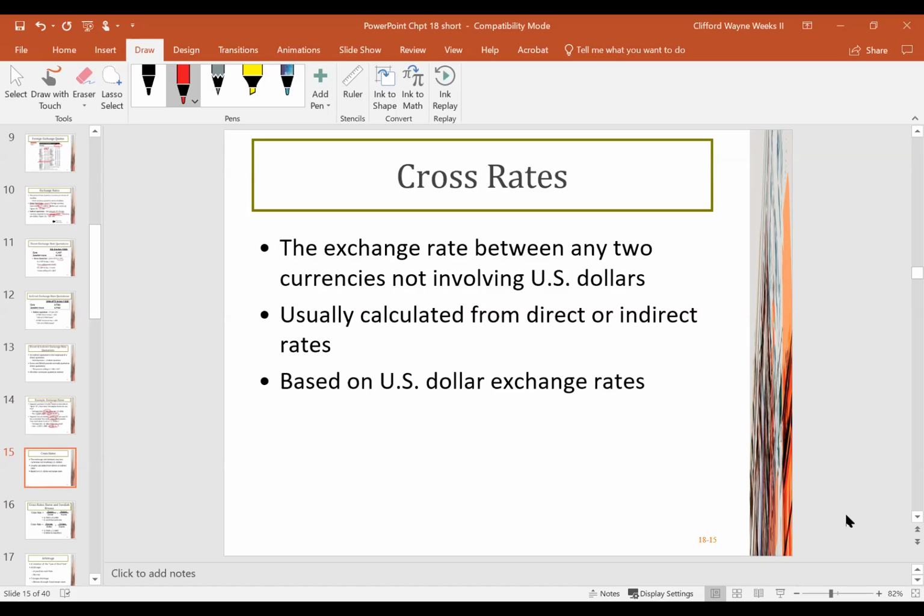But you can for sure find how yen go into dollars and then how dollars go into euros. This is usually used when you have countries that aren't as active in the foreign currency exchange. But you basically base it on the US dollar exchange rate.